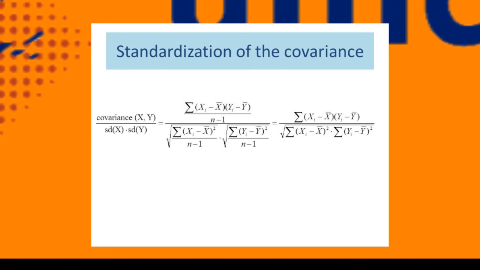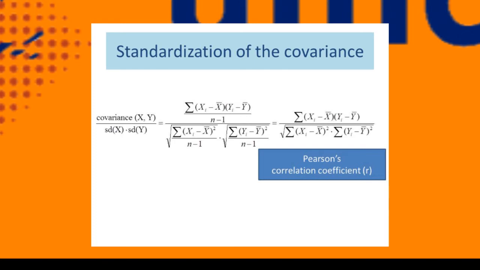We do so by dividing the covariance by the product of the standard deviations of x and the standard deviation of y. Because we use the same units in numerator and denominator, these units will cancel out. In the formula, also the n-1 cancels out. The formula on the right-hand side is known as Pearson's correlation coefficient. Usually we use the small letter r for it.